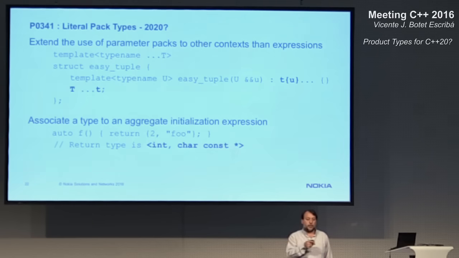I hope you all know initializer_list, the type associated to an initializer where all the elements are of the same type. When the types are different, it is an aggregate initialization, which is different. And having a type associated to each expression of the language, I believe, is a good thing. We don't have it yet.